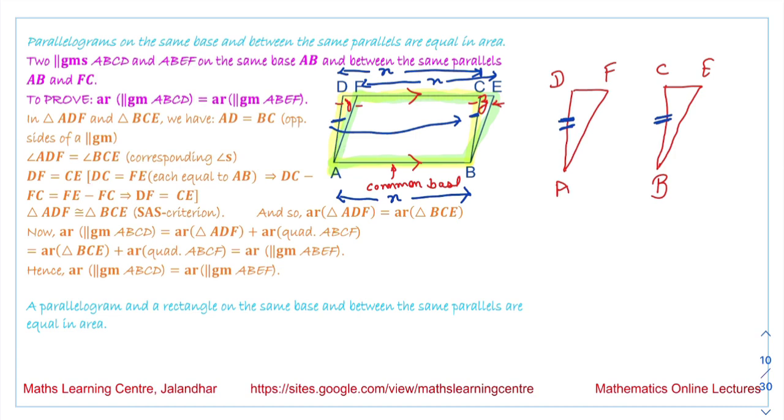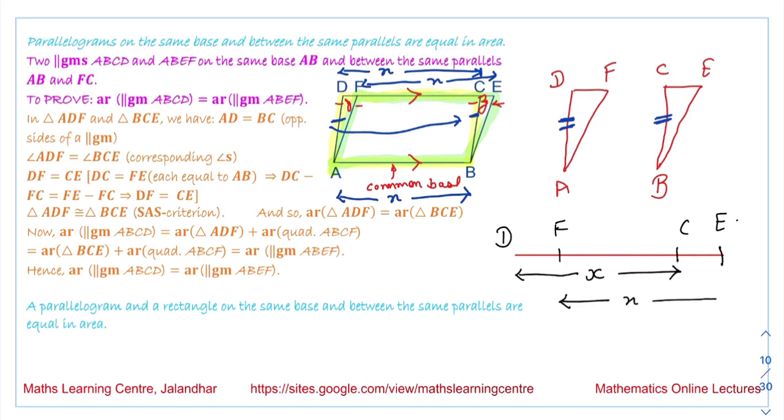This is the point D, this is the point F, this is the point C, and this is the point E. This length DC is X, and the length FE is X. This length is also X. Suppose this length is Z and this length is Y.